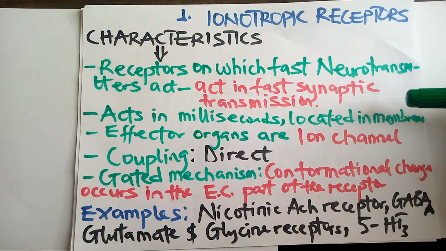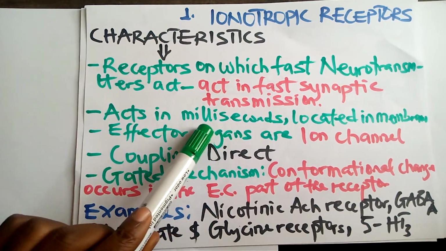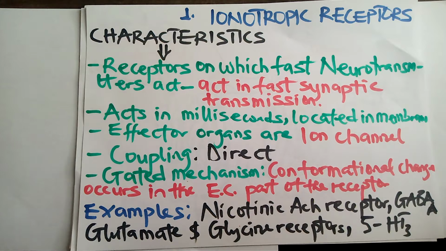Neurotransmitters like acetylcholine and norepinephrine work mainly via ionotropic receptors, and they act within milliseconds, a very short period of time. These receptors are located on the surface cell membrane.